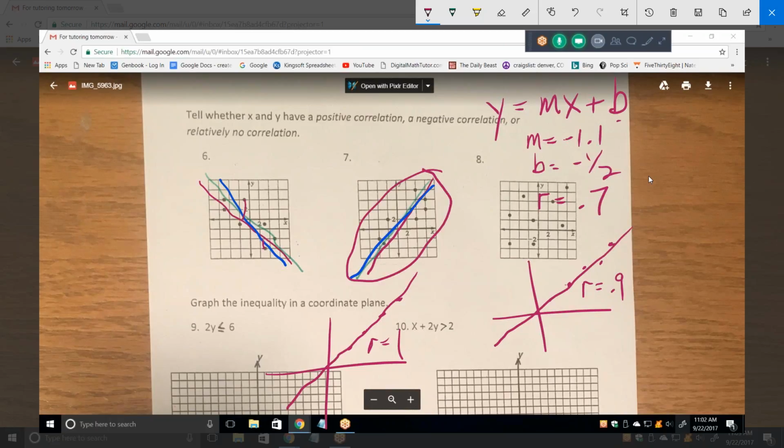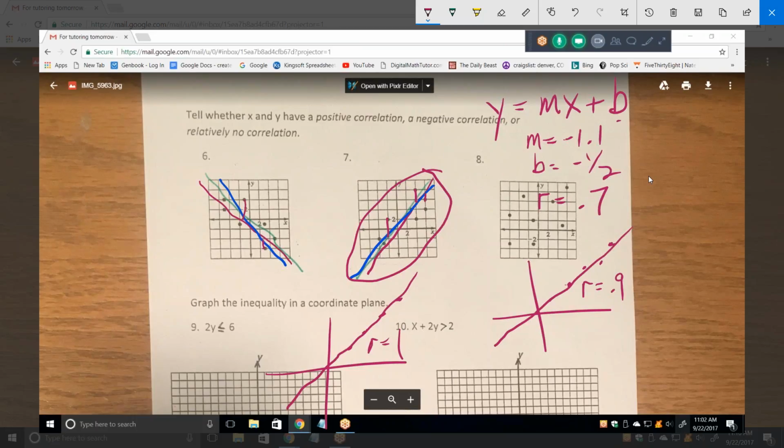In other words, there's significant distances from there to there, and there to there, and there to there, depending on which line we pick. So when you have some scatter, the more scatter you have, the less R is.